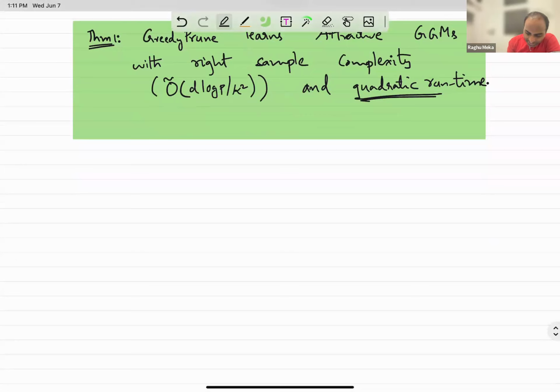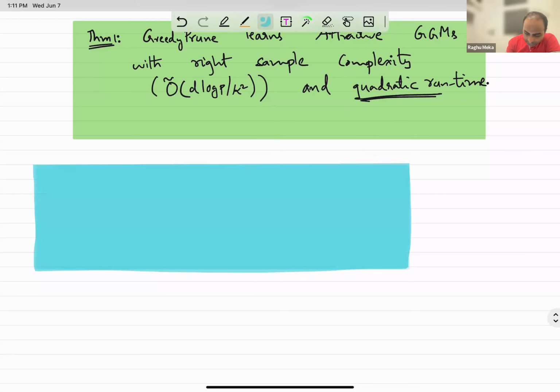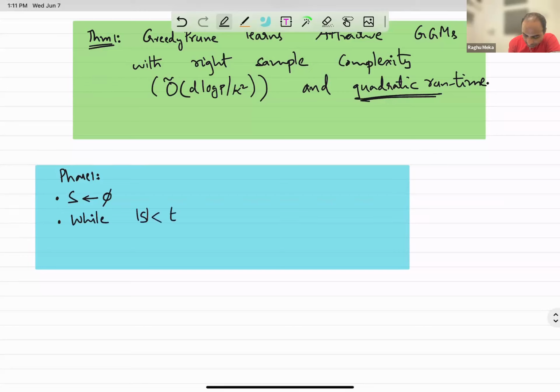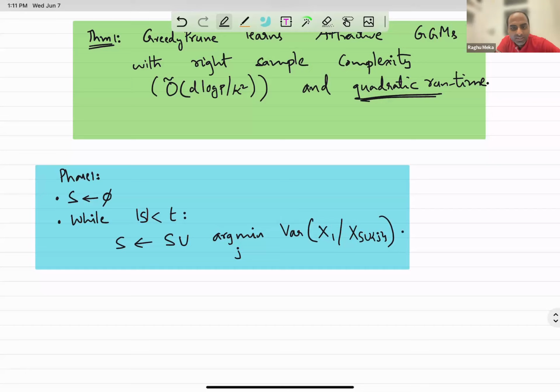So what's the algorithm? Recall, this is the entire algorithm, and we do this in parallel for all of the vertices.